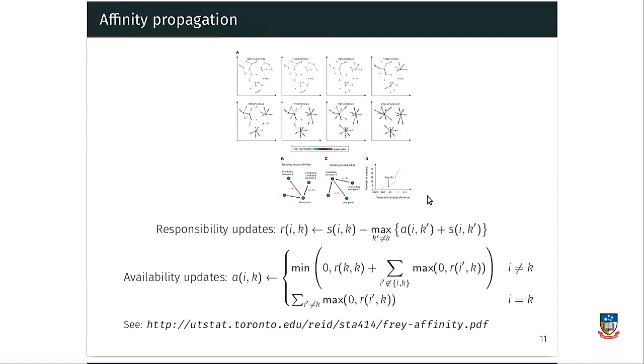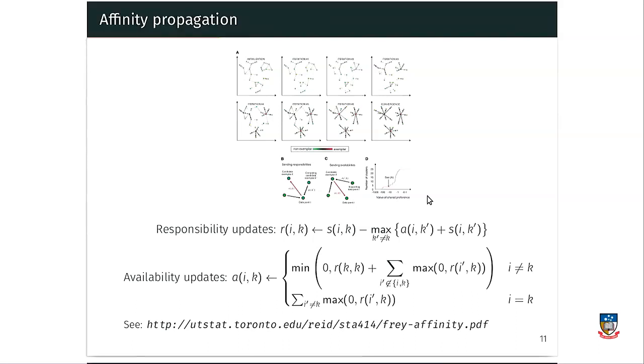Now you're looking for an exemplar. Perhaps it's a customer or a representative feeder in your set of low voltage feeders, or there might be some other exemplar that you're trying to pull out, which is a real world data point, not something you've made up.